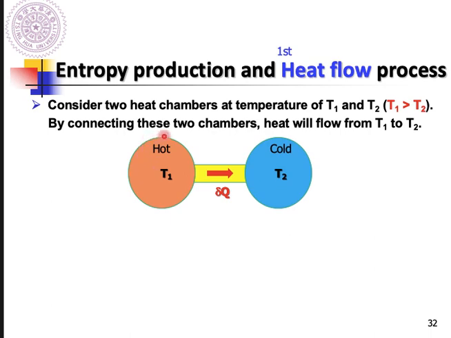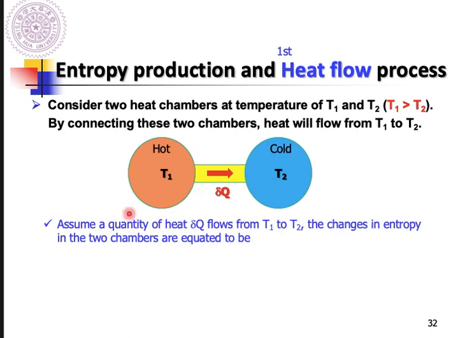As we know, T1 is larger than T2, so we have a hot chamber and a cold chamber here. We use a metal bar to connect these two chambers. Since T1 is larger than T2, definitely a heat, delta Q, flows from chamber 1 toward chamber 2, right?